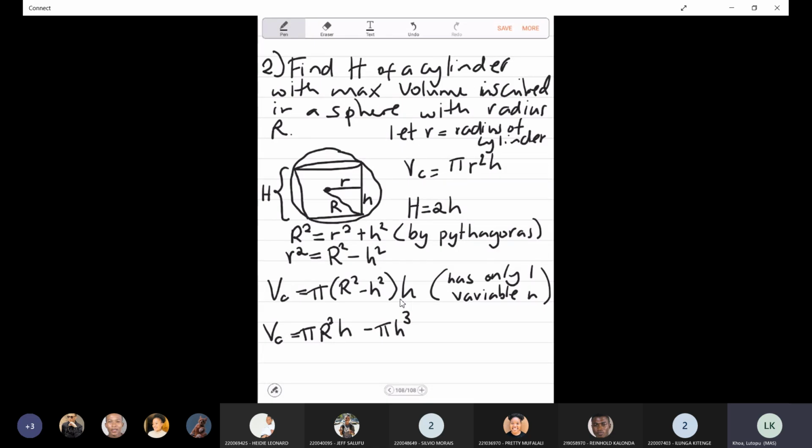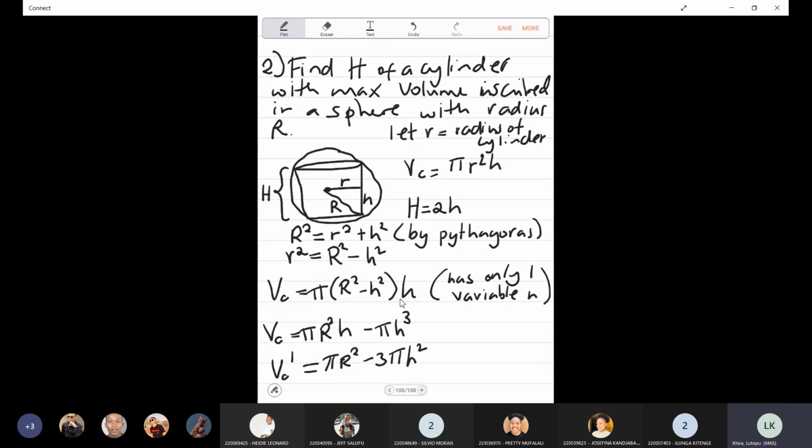So we're looking for the maximum. So we need to differentiate. So VC prime or dV dH, we're differentiating with respect to h. This is pi capital R squared minus 3 pi h squared.